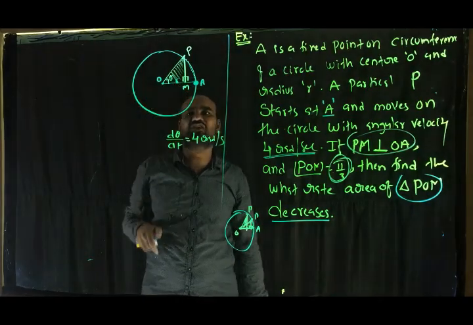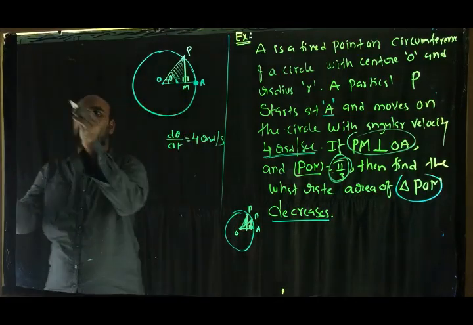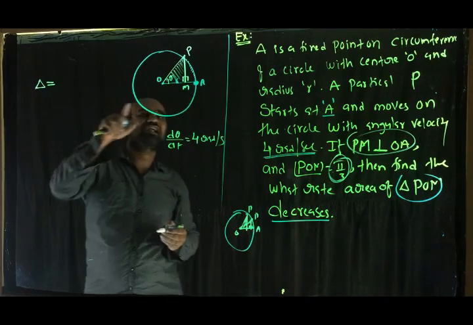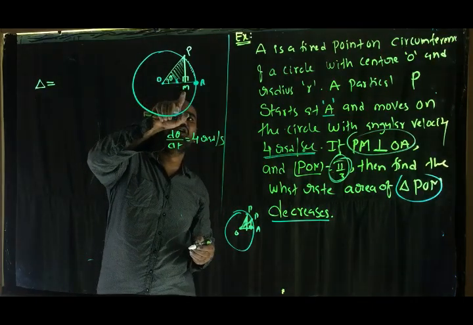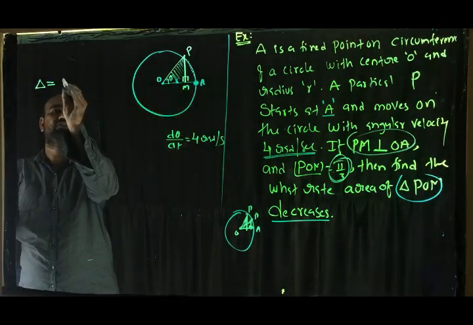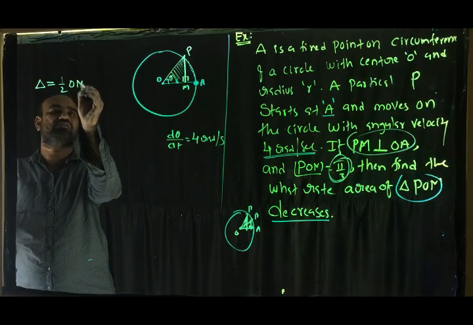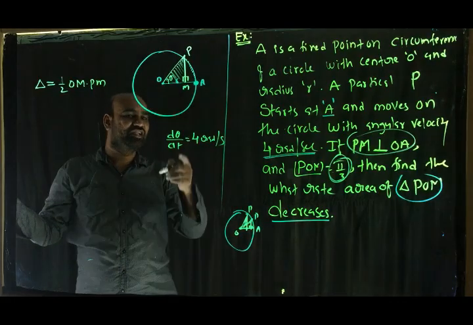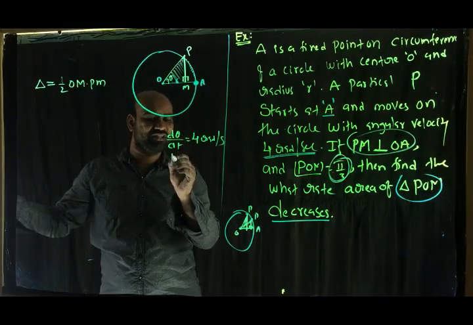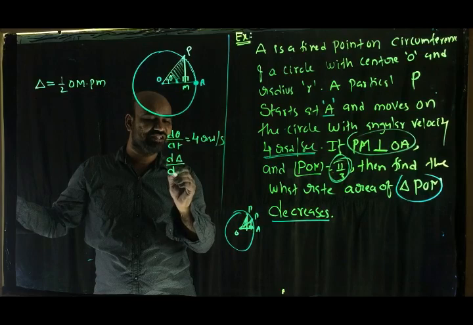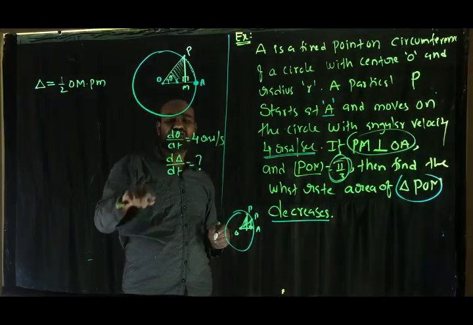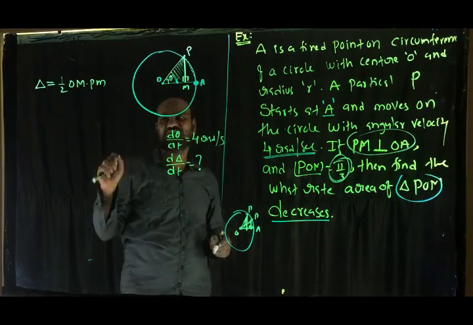So first we want to find the area of the triangle. Area of the triangle, delta, is for this right angle triangle, half into OM into PM. What do we want to find? d theta by dt is given, and d delta by dt is the question mark. So we want the relation between delta and theta.